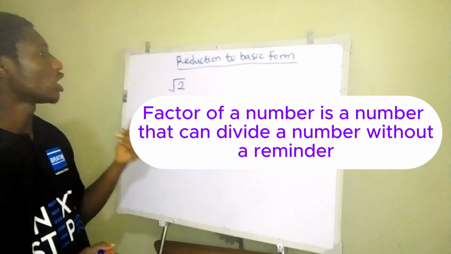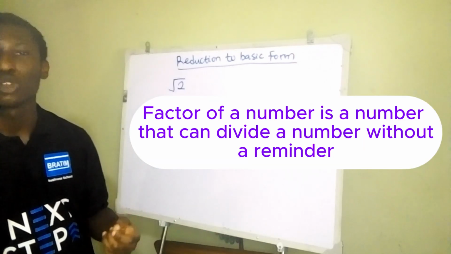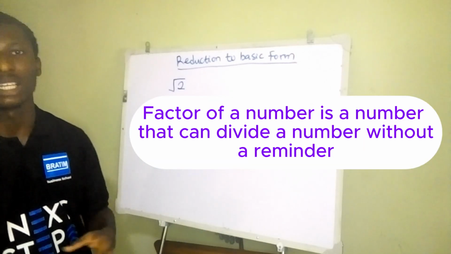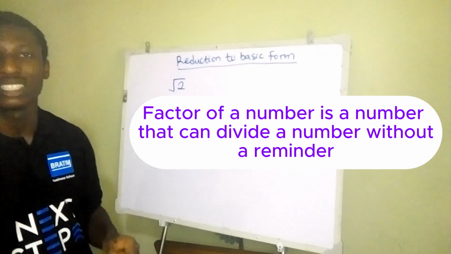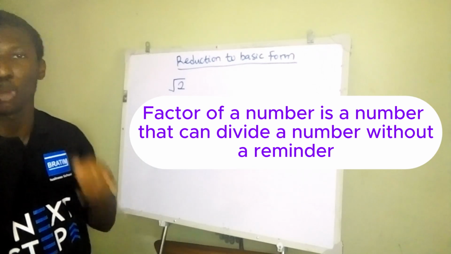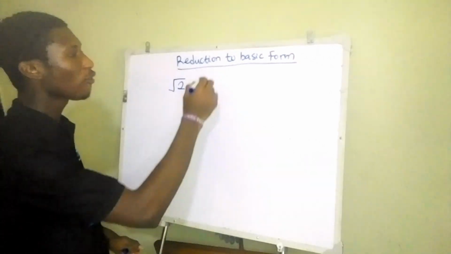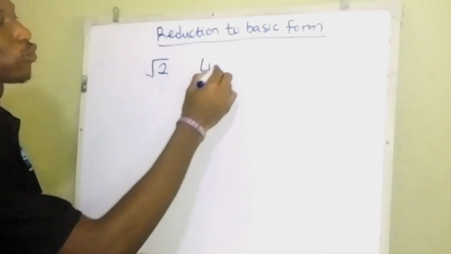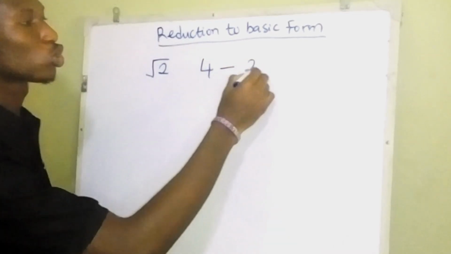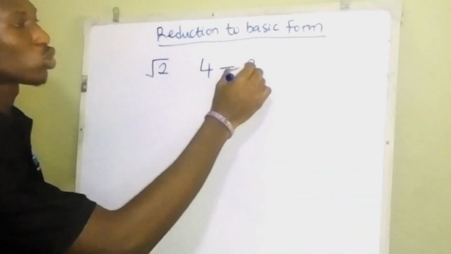Now, what is a factor? A factor is a number that can divide a number without what? A remainder. So the factor of a number is a number that can divide that number without a remainder. For example, if you have 4, a factor of 4 would be 2. Another factor is 1 also.